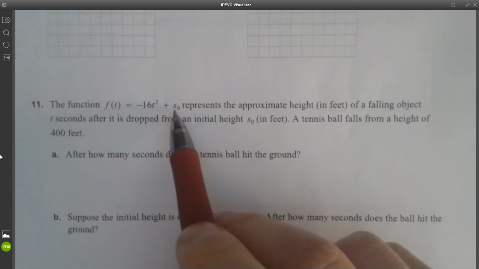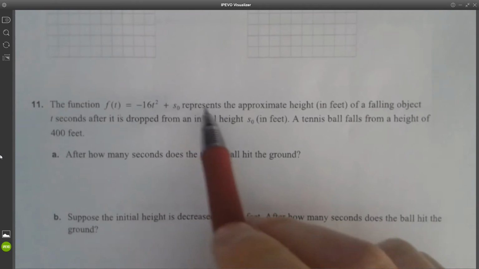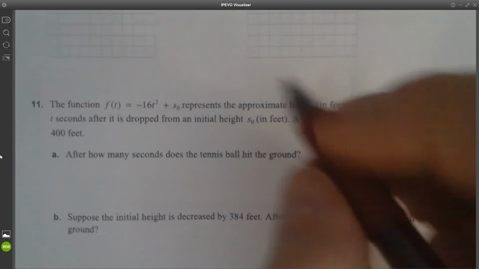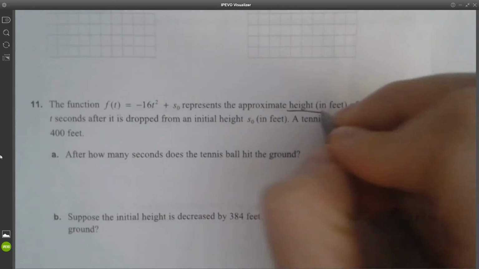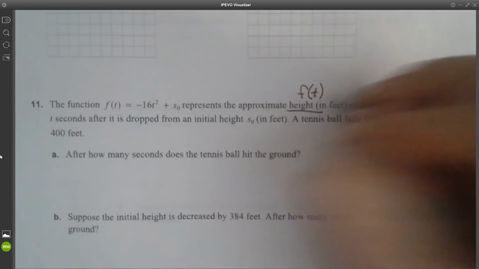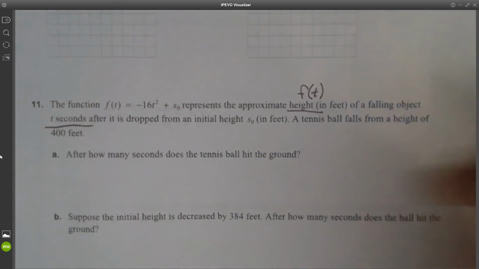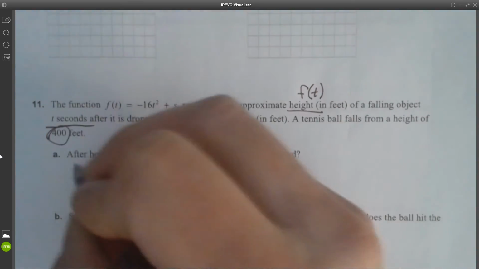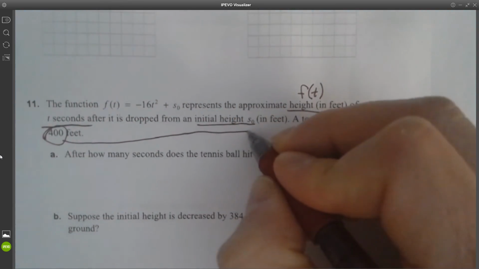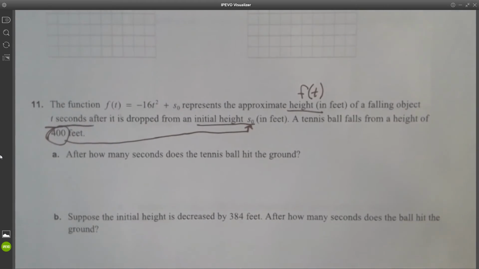Applying that down to number 11, we have the function f of t equals negative 16t squared plus s sub 0, which represents the approximate height. So height is f of t. You have a falling object t seconds after it is dropped from an initial height. If a tennis ball falls from a height of 400 feet, that means we put 400 in for s sub 0.